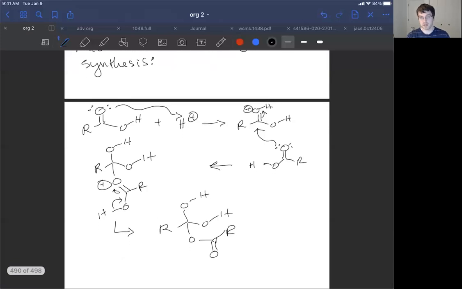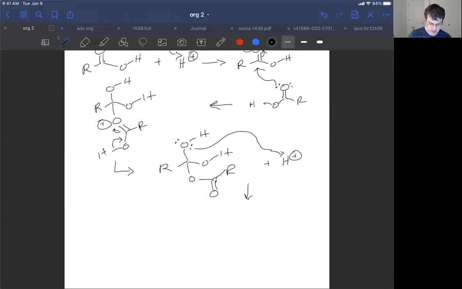So we've established the formation of half of our byproduct, which is the H plus, and we still need another OH to get to water, and we formed one of the carbonyls in our symmetric anhydride. Okay, so what's going to happen next is either one of these OHs is going to pick up the hydrogen atom to give an H2O leaving group, which can then pop off in a few ways.